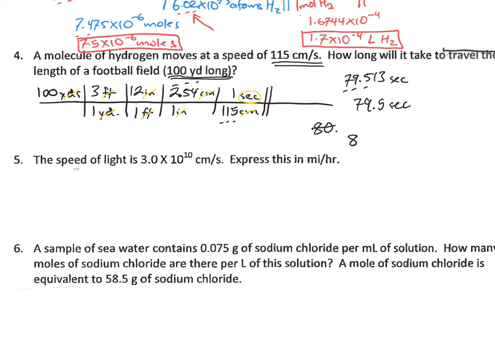So in that case, we would just have to do 8 times 10 to the 1 seconds, which gives us only one significant figure. So there's grace, but we need to make sure we're actually trying to round properly.